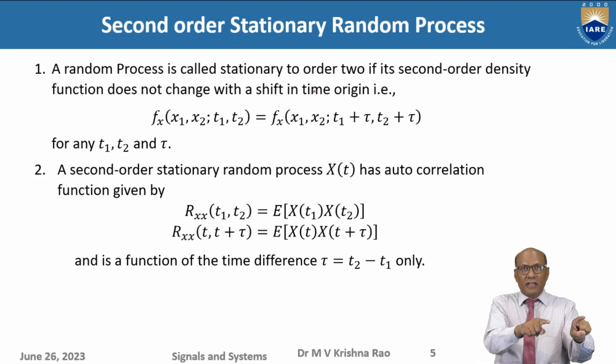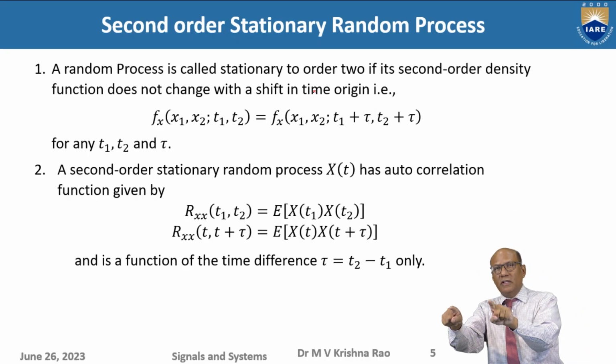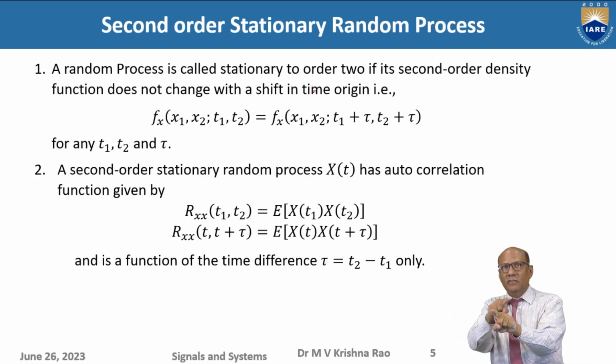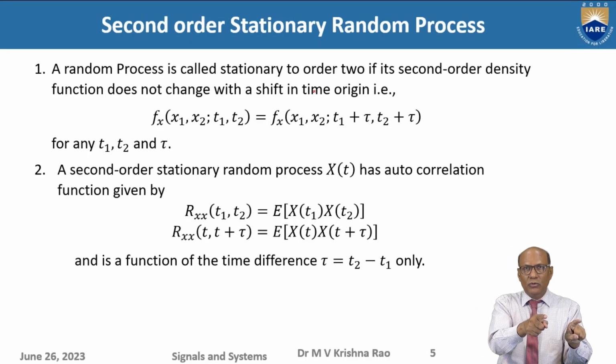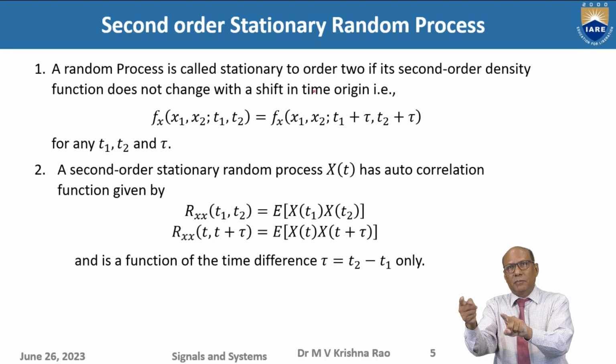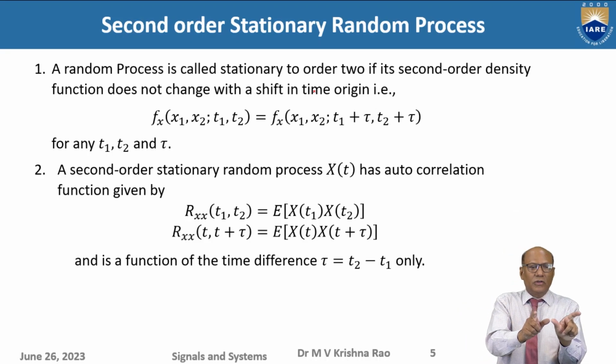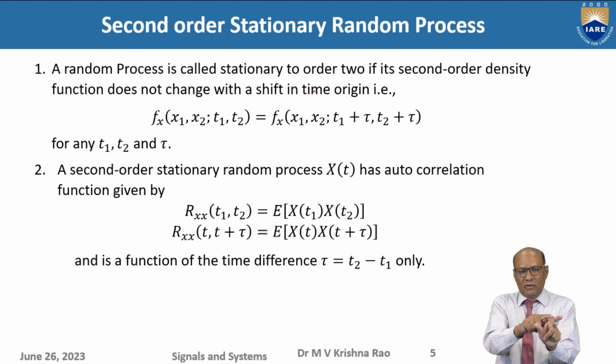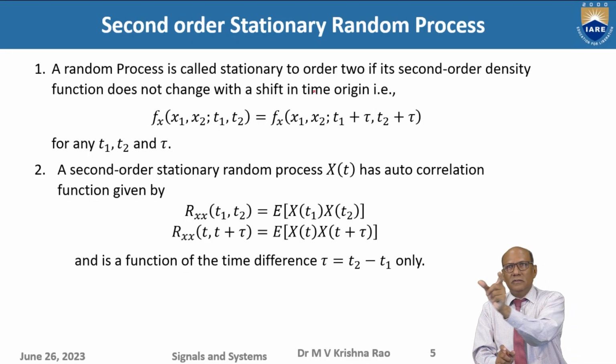First x1, x3 I have taken here. What is the shift here? Both I am taking on this side. This is the shift, not the difference between these two. Here T1 plus tau, here T3 plus tau. This difference is the same for both: this is a tau difference, here also a tau difference. So this set is shifted to this one.